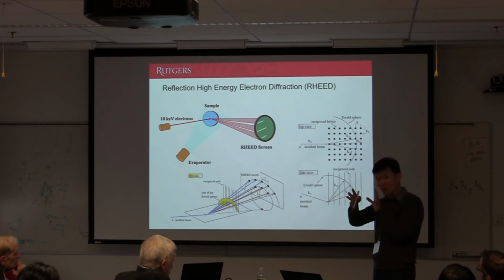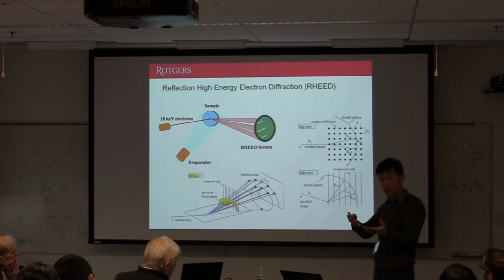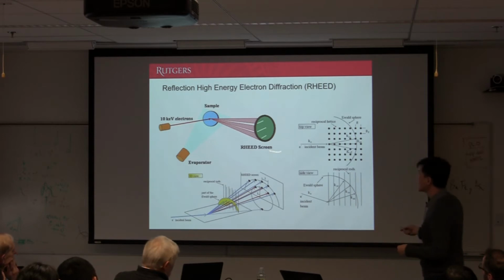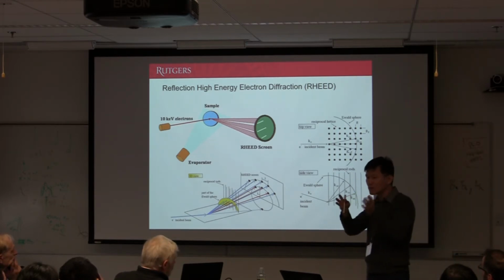You mix things in the right ratio, and only after you grow do you do, let's say, X-ray diffraction or other characterizations, and then you can tell whether you have grown the right form or not. But with RHEED, while you are growing, you probably know 90% of the information you can get.